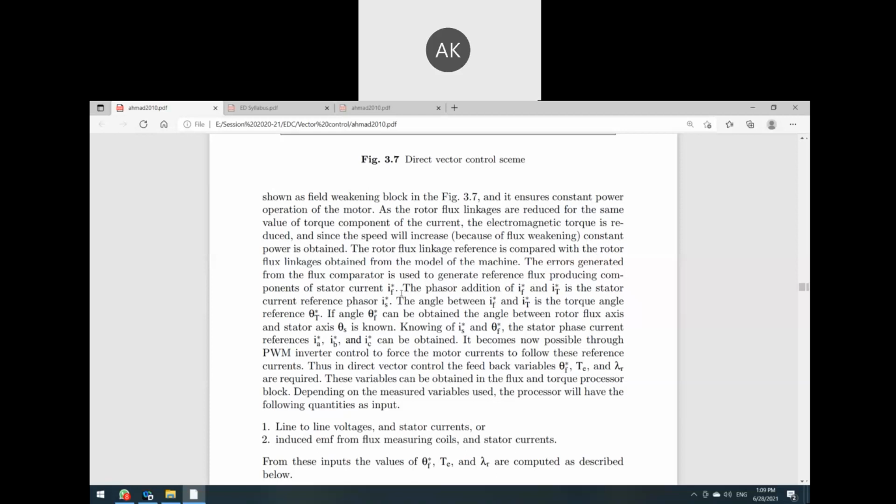The phasor addition of IF and IT is the stator current reference IS. The angle between IF and IT is the torque angle theta T. If angle theta F can be obtained, the angle between the rotor flux and stator flux is known. So basically we control the parameters ID and IQ, and we can control the speed of the motor.